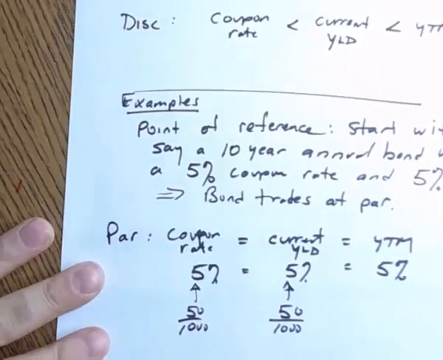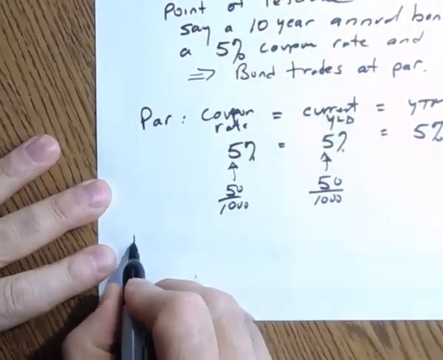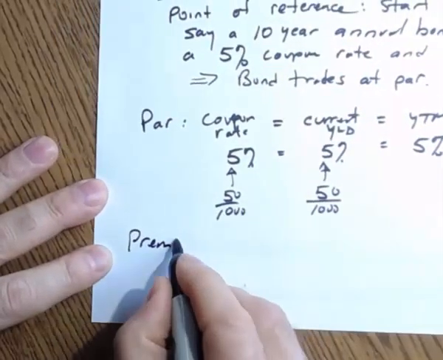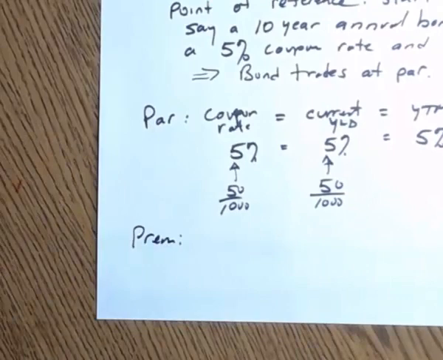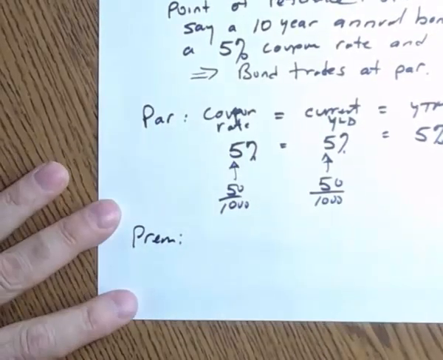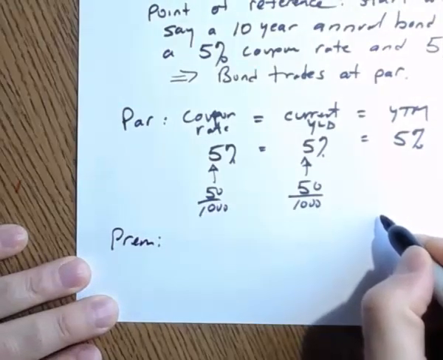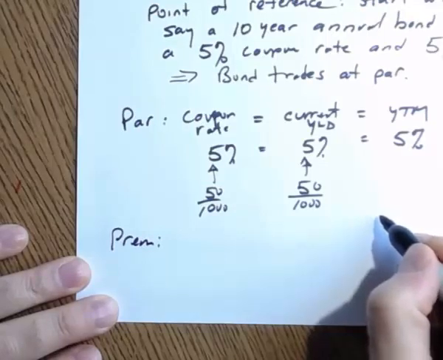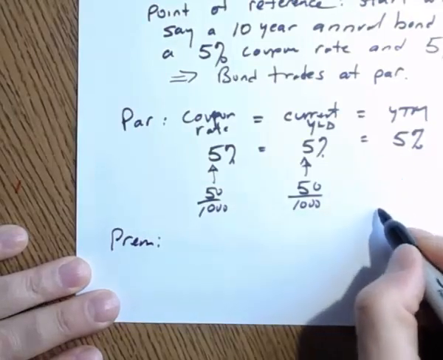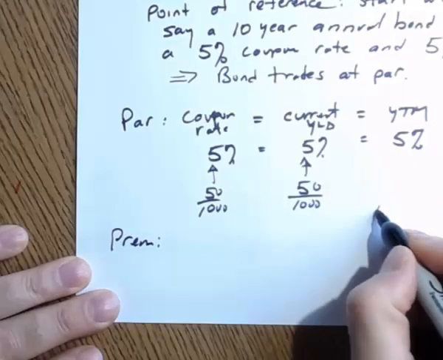Now what we want to do is say, what happens when the bond trades at a premium? We're going to assume that the way a bond trades at a premium is that the market demands something less than a 5% yield to maturity.